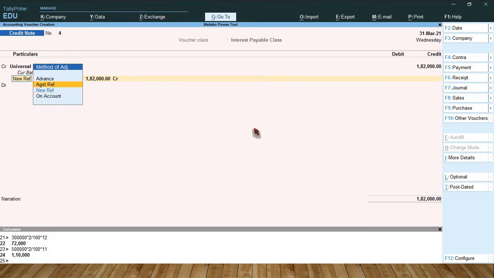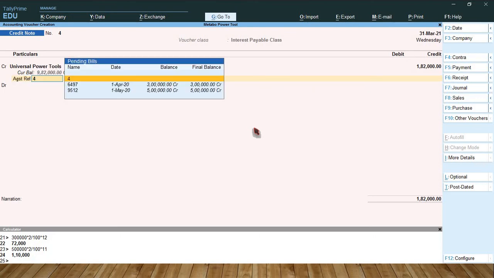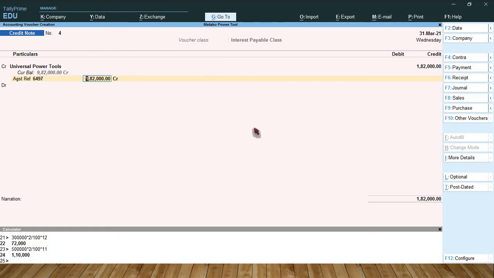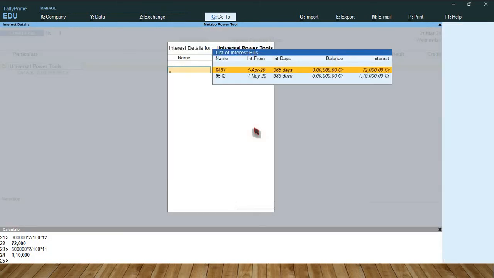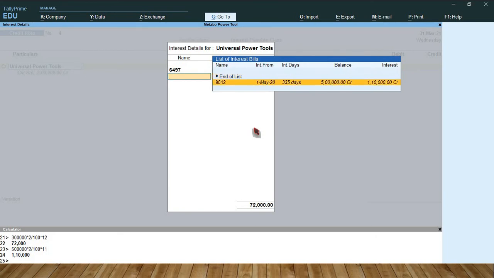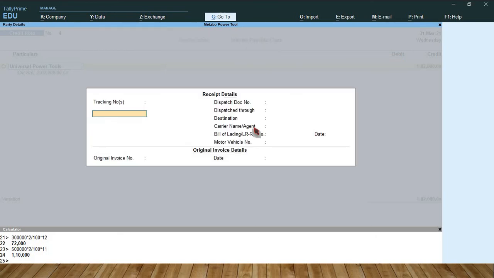1,82,000. This is against reference. So do it first. Okay. So select Universal Power Tools. And select this one, end of list.